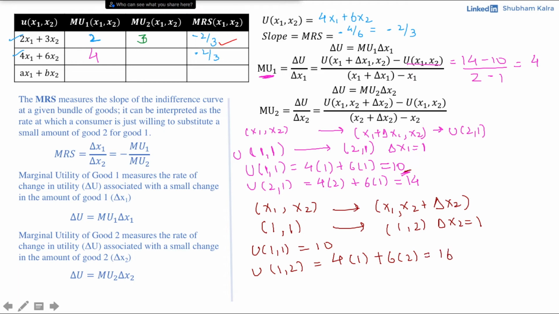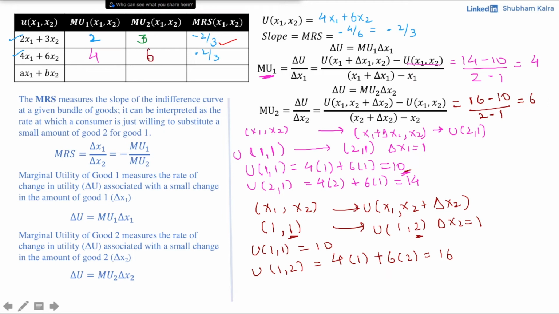Thus, substituting all the values, your new utility would be equal to utility of 1 comma 2, which is 16, minus utility of x1 comma x2, that would be utility of 1 comma 1, which is 10, divided by x1 plus x2, which is equal to 2, minus x2, which was 1. So this is equal to 6. So your marginal utility of good 2 is 6.